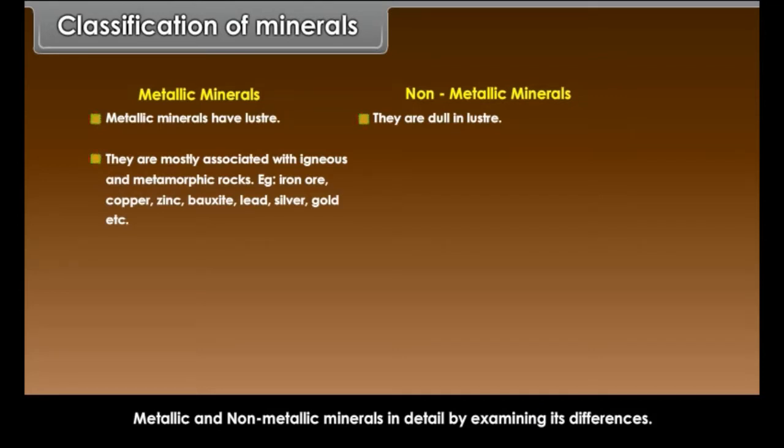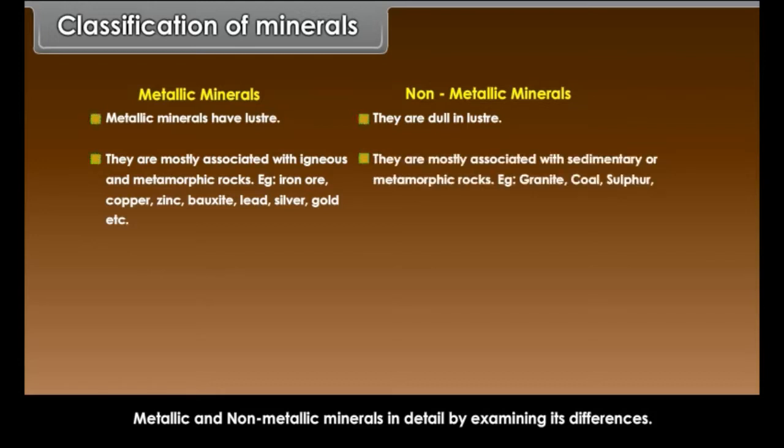Example, iron ore, copper, zinc, bauxite, lead, silver, gold, etc. Non-metallic minerals are mostly associated with sedimentary or metamorphic rocks. Example, granite, coal, sulfur, petroleum, salt, etc.